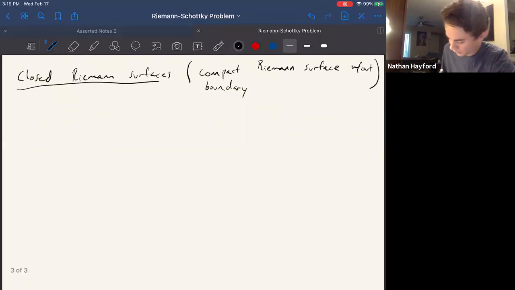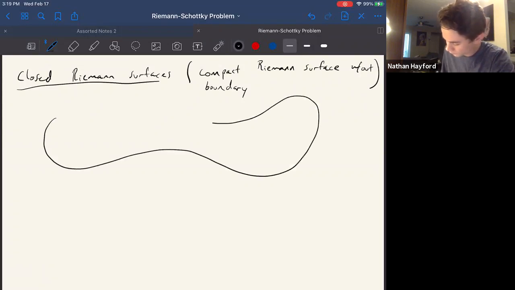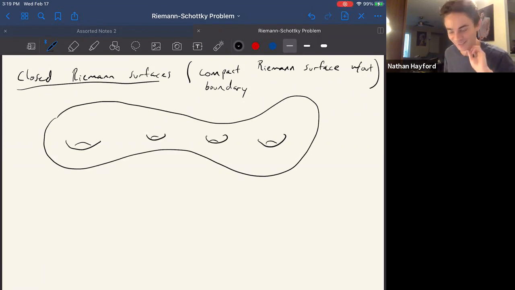And at least topologically, the things we're going to talk about look like this. I don't know if my picture is doing it justice, but that's supposed to be some sort of torus-looking thing.